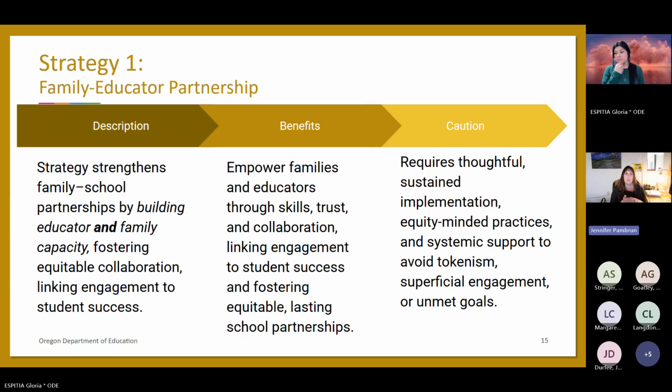But part of those tours were a real understanding of the sequencing of the courses in the program of study and how it aligned to their community college partner, and then also how it aligned to the different industry and careers that a student could pursue either right after high school or after some post-secondary training.